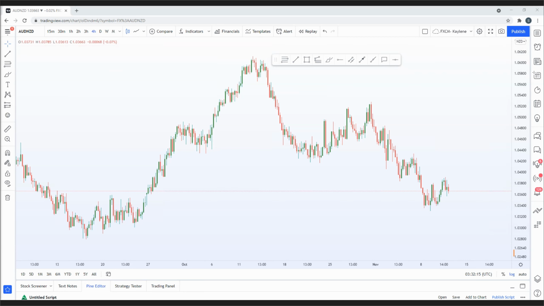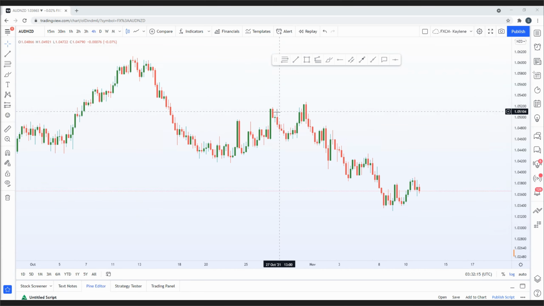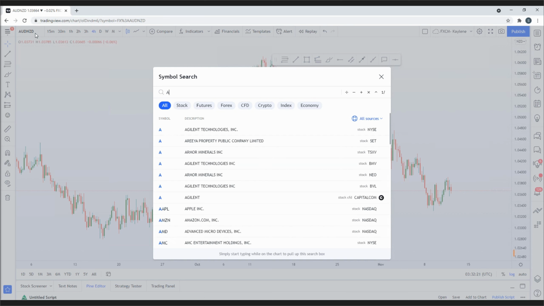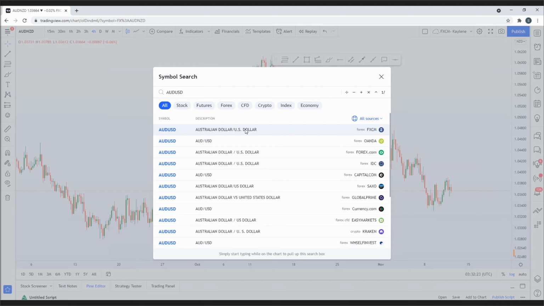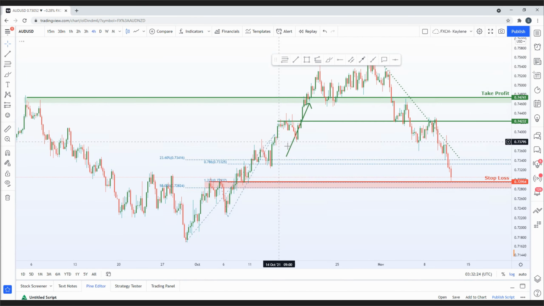So let's start with Aussie. Okay, so this is what we'll do, right? We'll start with Aussie dollar, because it's the first one. Wait. Oh, sorry, I didn't think. Wait.